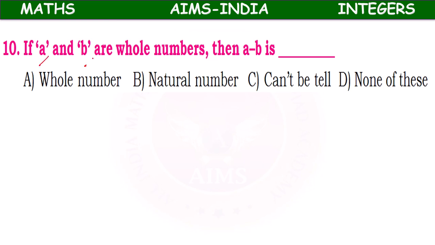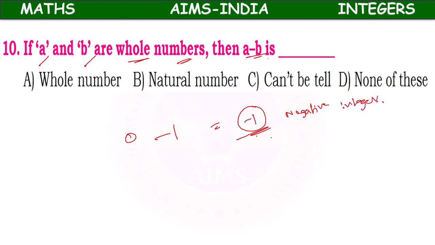Next. If A and B are whole numbers, then A minus B. If you take A as 0, B as 1, then A minus B is minus 1, which is a negative integer. Or if you take A as 2, B as 1, the answer will be 1. Now it is a positive integer.